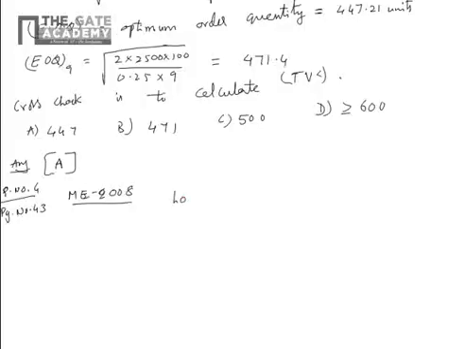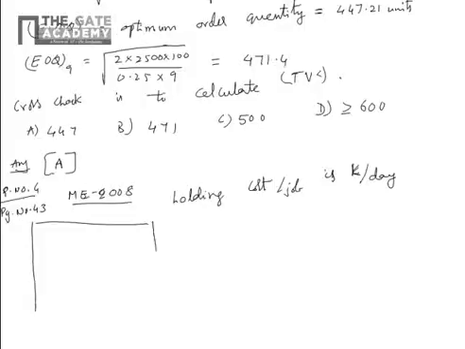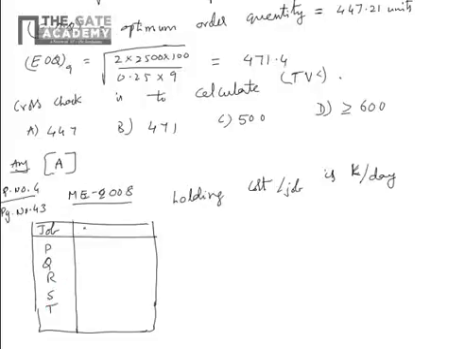So the holding cost per job is K per day. The table he has given us: jobs P, Q, R, S, T, and the processing time.